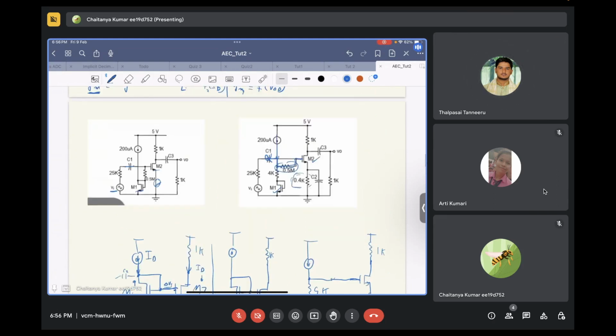Let's say you don't have this 4 kilo ohm resistance and you apply a resistor of 0.4k directly over here. In this case, the current that will flow through transistor M2 will be less than 200 microampere.